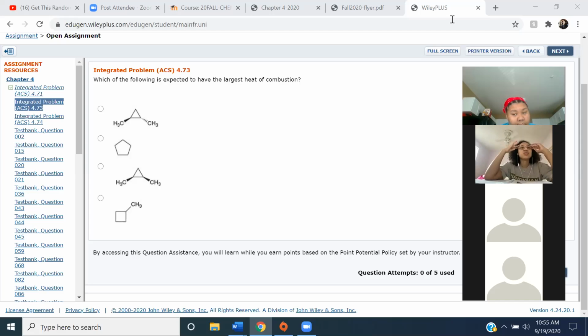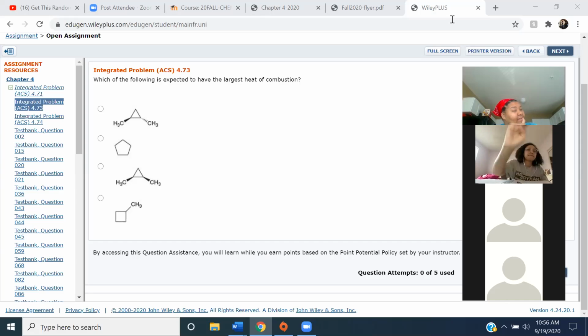Wait, so the answer is the one with the two wedges. Oh, okay, because this is another C. 1, 2. Well, why is it the one with the two wedges and not the one with the dash? I don't know. I just got that one right. Let me see. 1, 2, 3, 4, 5.